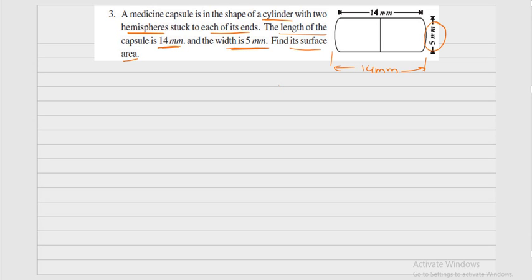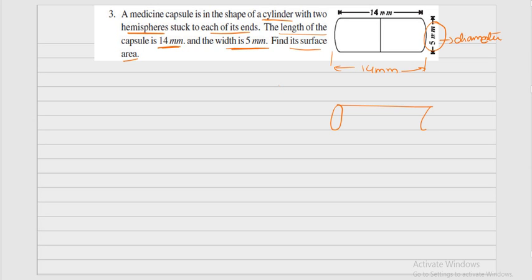What is width here? Width is nothing but diameter, so it is the diameter of the capsule, that means the diameter of the hemisphere, right? So the diameter of the hemisphere is 5 millimeters.